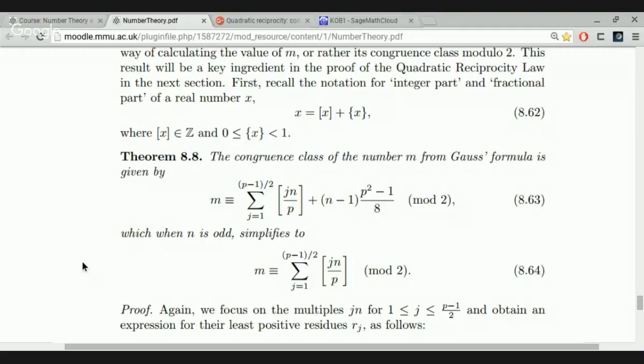Now, in general, that's not going to be an integer. It'll just be some rational number, j times n over p. But the floor of this will be the last integer before that. So that will be the y coordinate of the last lattice point you meet before you land on the line. Okay.